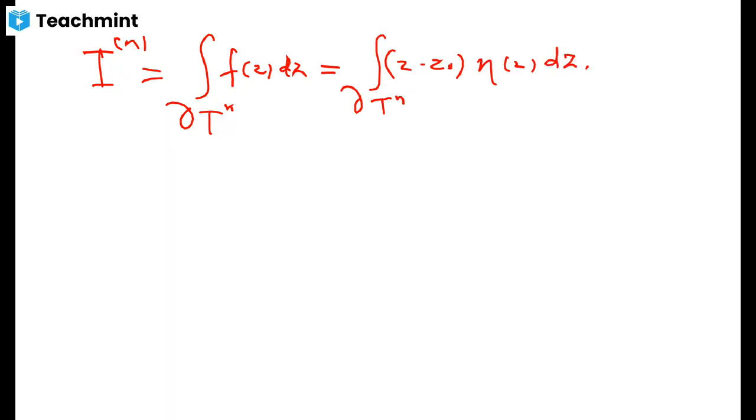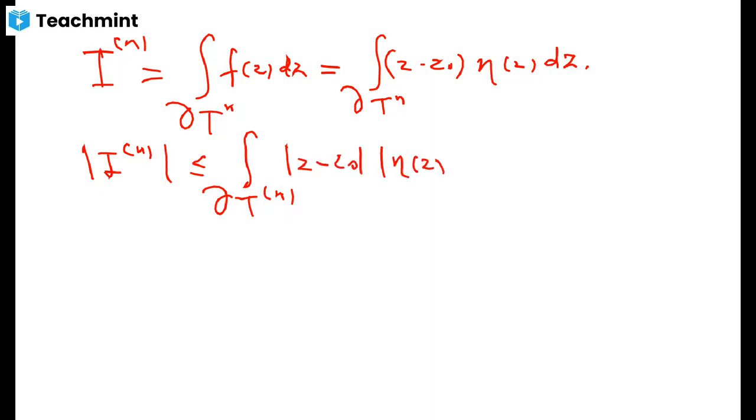Or I can further write mod of the integral to be less than or equal to, because I can take the modulus inside and use this triangle inequality type thing for integrals, the integral over Tn of mod of z minus z naught, mod of eta of z, mod of dz. Let me call this thing star.